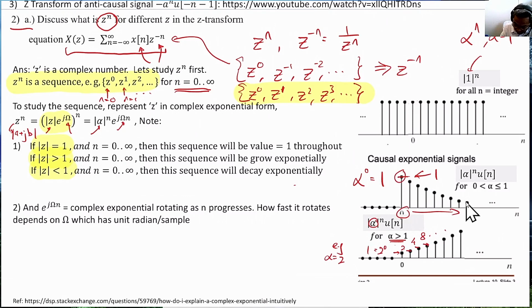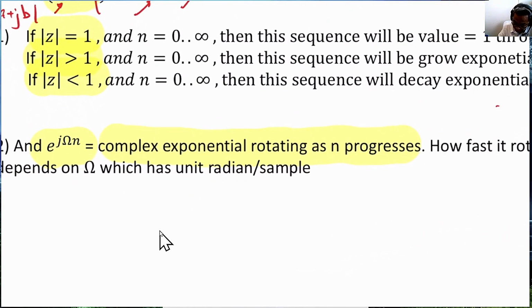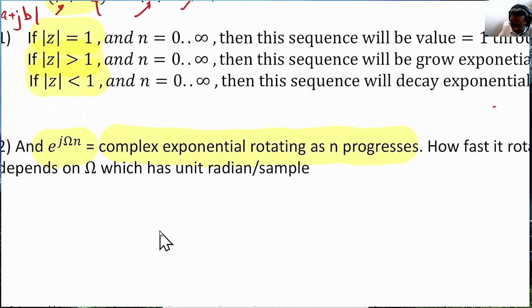Now, for the second part of the equation, which is e^(j omega n), what is e^(j omega n)? Briefly, it is a complex exponential that is going to rotate as n increases. And how fast it rotates depends on omega, which is in radians per sample. So in the next few slides, I'm going to draw this. So this is the real part of z.